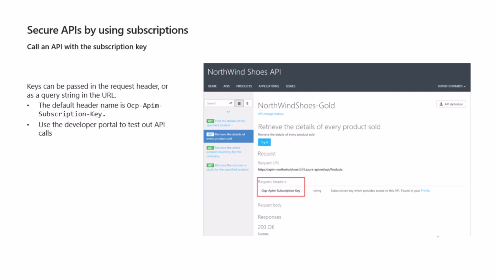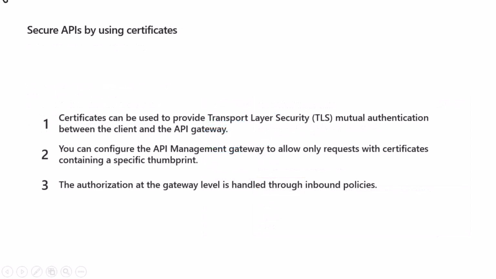And let's go here to talk more about securing APIs by using certificates. Certificates can be used to provide transport layer security, TLS, mutual authentication between the client and the API gateway. So you can configure the API management gateway to allow only requests with certificates containing a specific thumbprint.